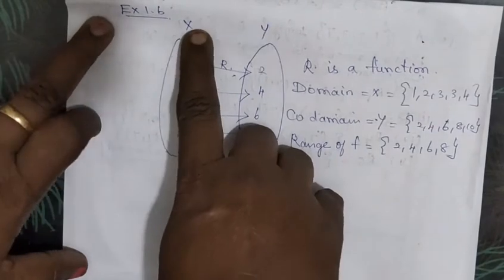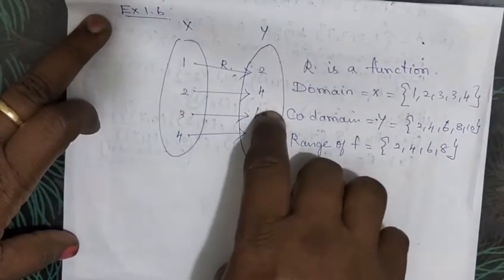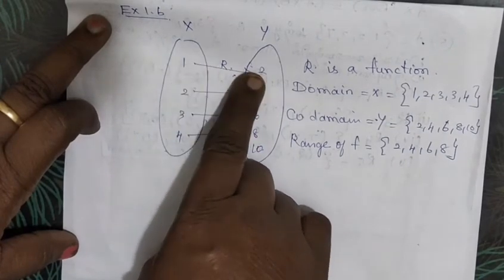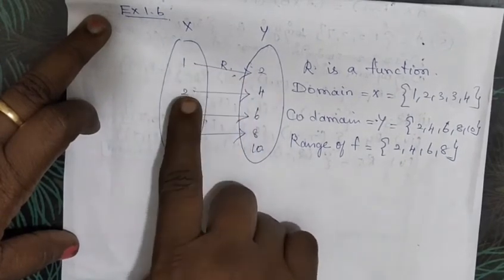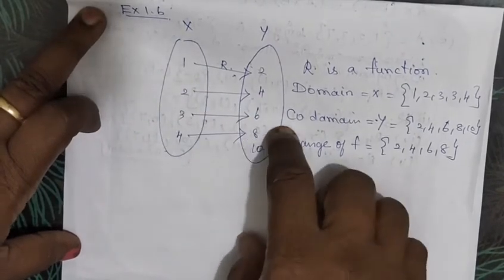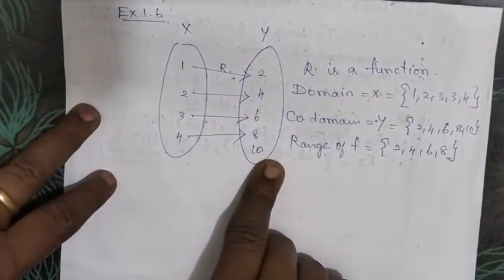Now the set X is the first set and set Y is the second set and we have marked the relation as given in the book: (1, 2), (2, 4), (3, 6), (4, 8). Now, we have to find whether it is a function or not.